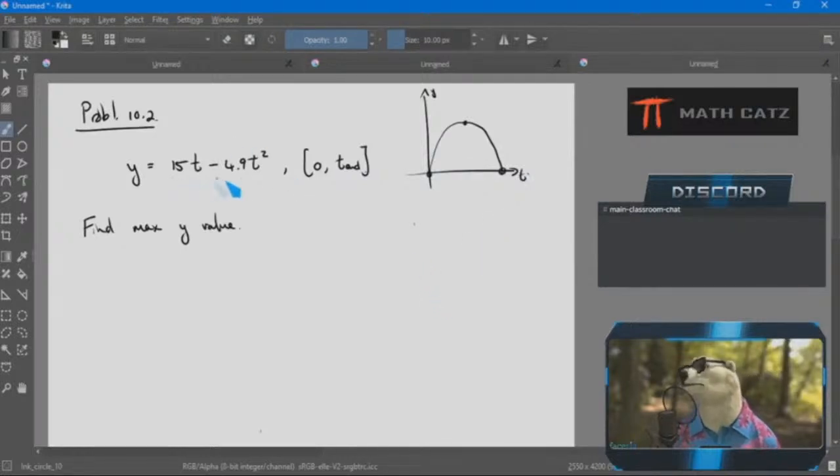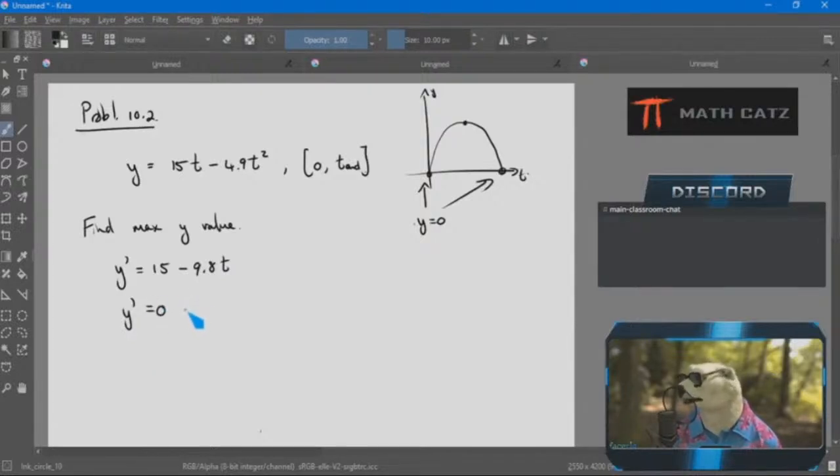Here and here, my y value is going to be 0, and I'm looking for the maximum. So it's not going to be at the endpoints in this case, though I could consider and include them. It's going to be at this top critical point. So I need to find the derivative, which isn't terribly difficult, and then ask, where is this derivative equal to 0?